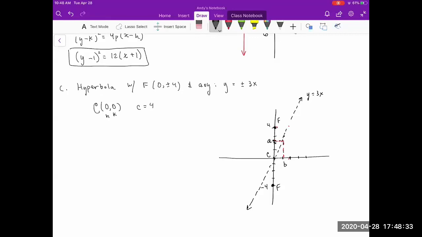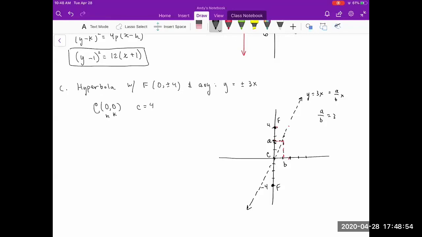But the whole point is that the slope of this line is rise over run. The rise is a and the run is b. I said it backwards, sorry. So this is a over b times x. So in other words, we know a over b is equal to 3.